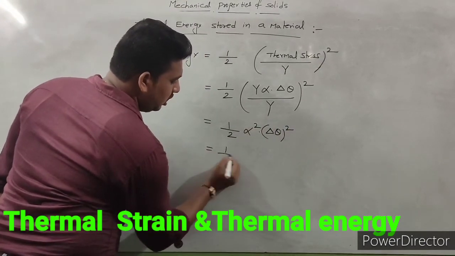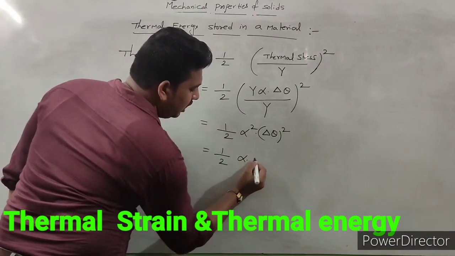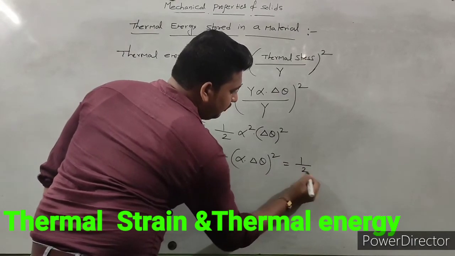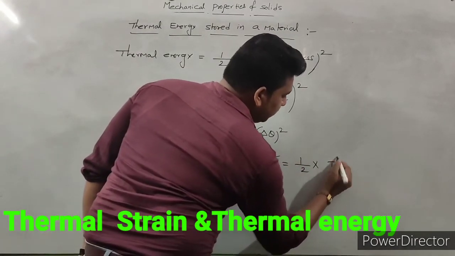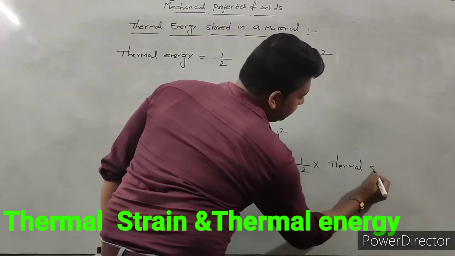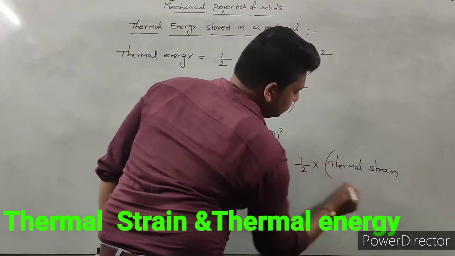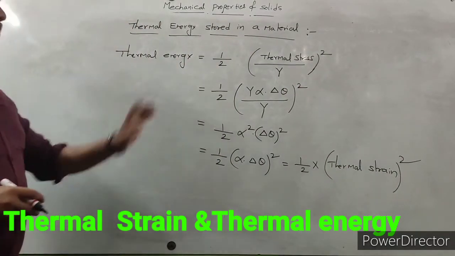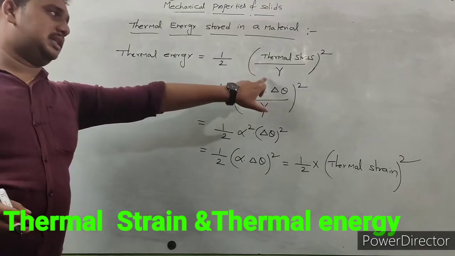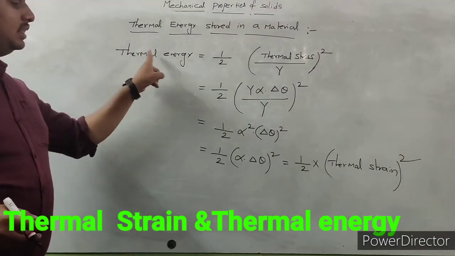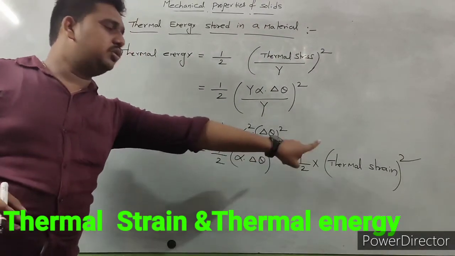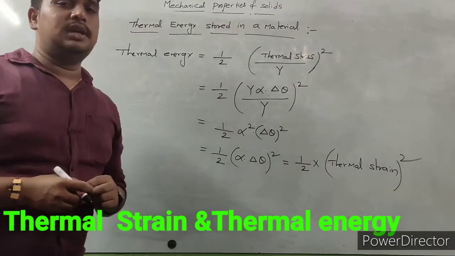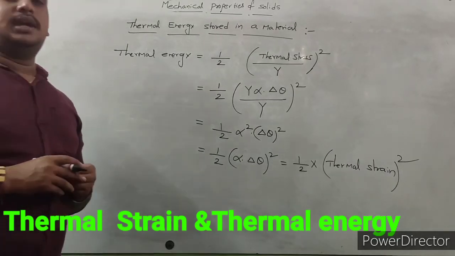That means half into Y into (alpha into delta theta) whole square, which is nothing but half into Y into thermal strain whole square. So this is the formula for thermal energy stored in a material.